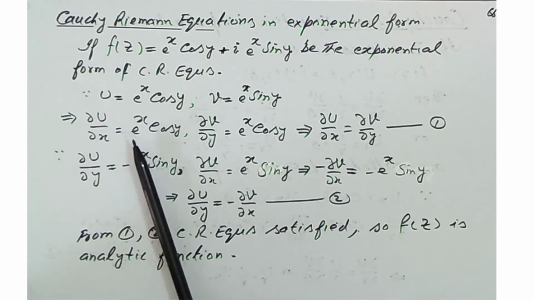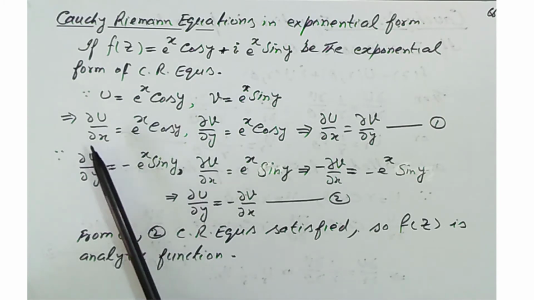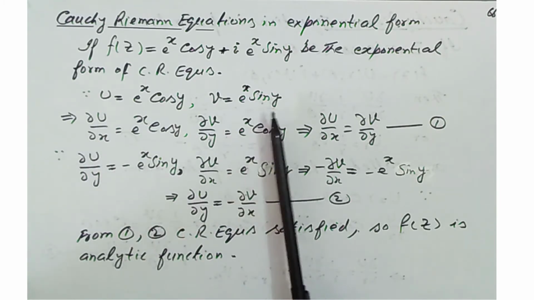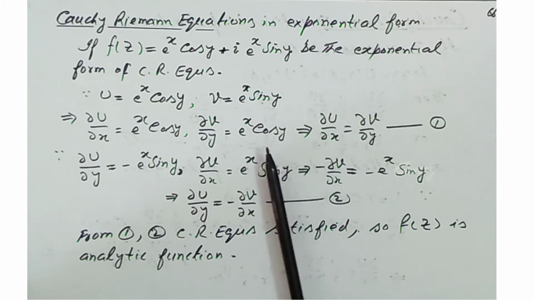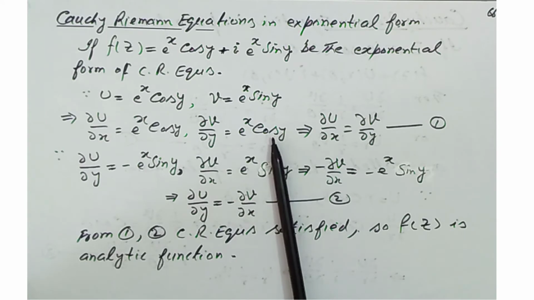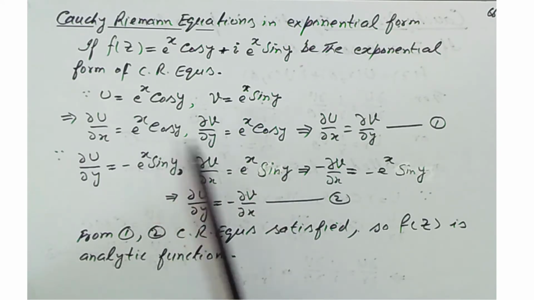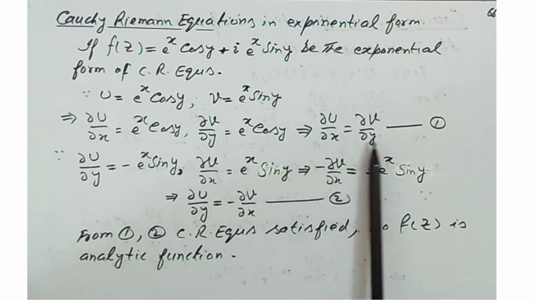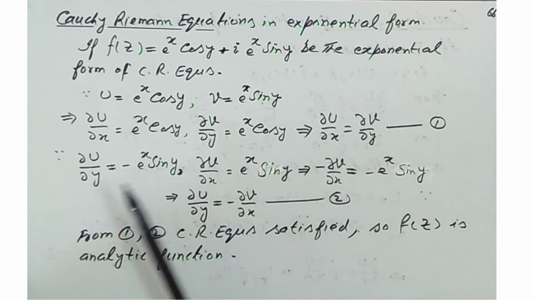The derivative of e^x is again e^x and this term will be constant. So partial u over partial x is e^x cos y, and partial v over partial y is the derivative of sin y, which is cos y, so partial v over partial y equal to e^x cos y. So partial u over partial x equal to partial v over partial y, equation 1.